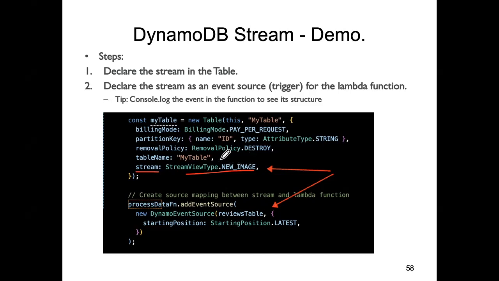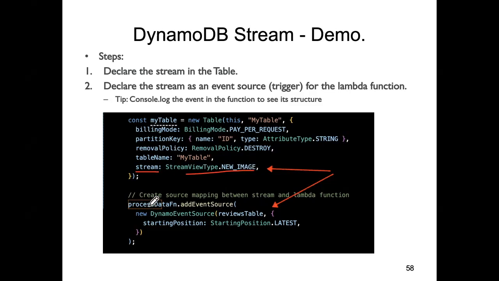There are other options available to us here, and I'll talk about the other options in a moment. So that means now that for this table, whenever a new item is added to the table or an existing item is modified, there will be an entry added to the log stream for this table, and that log stream will have the new status of that item.